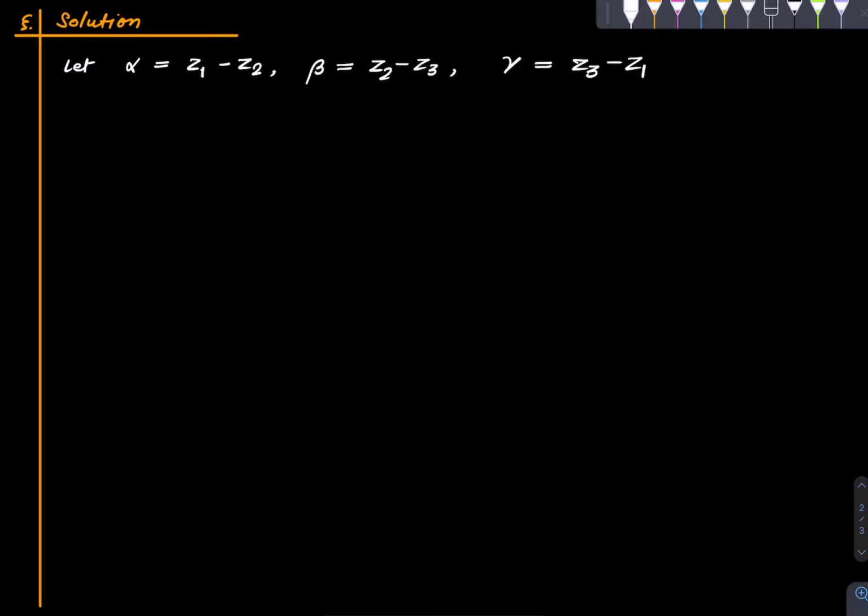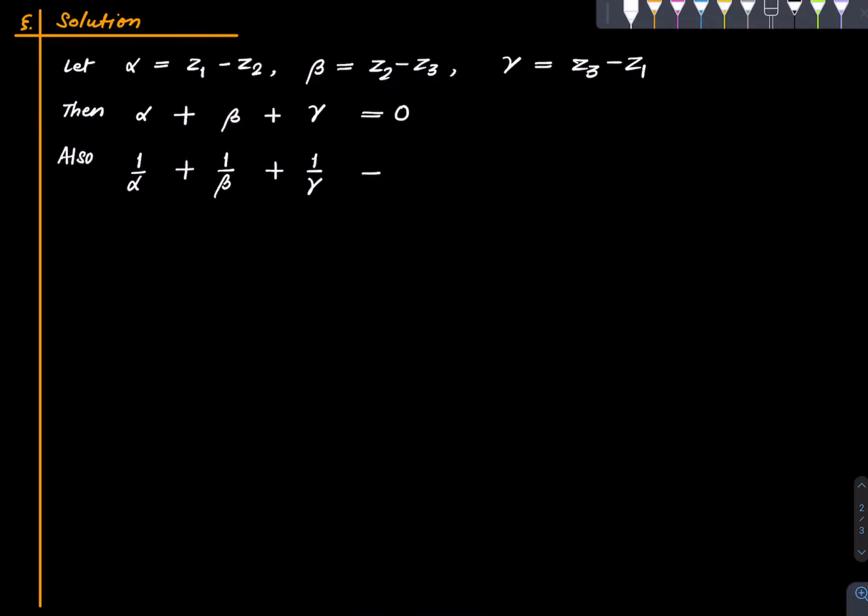Then, first of all, forget about the hypothesis. If we add alpha, beta, and gamma, clearly all of this cancels out. So clearly alpha plus beta plus gamma equals 0. And by the statement of the problem, also 1 upon alpha plus 1 upon beta plus 1 upon gamma equals 0.